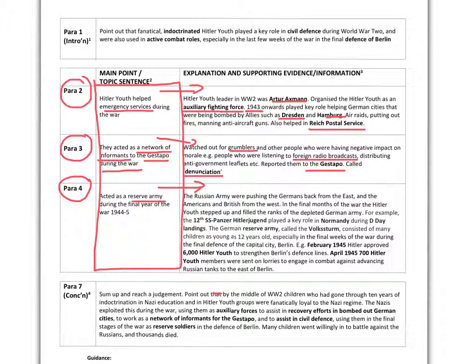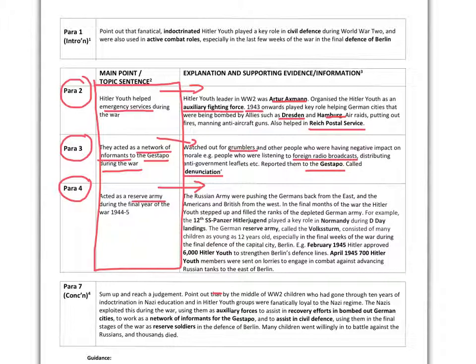So in the east, the German army were being pushed back into Germany by the advancing Russian army, and in the west, the German army were being pushed back by the advancing American and British troops that had liberated Nazi-occupied Europe in June 1944 with the D-Day landings.